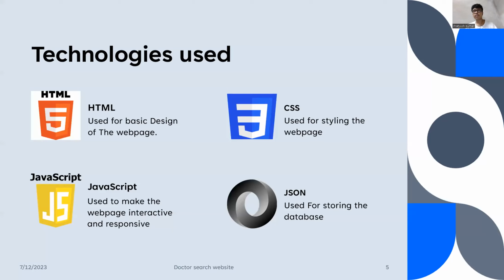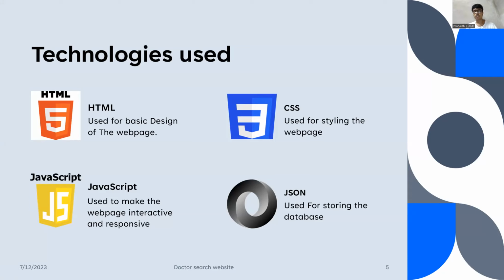Before making you understand about the coding part, let me tell you what technologies I used for different parts. I used HTML and CSS for basic design and styling of the web page, which is a very basic thing. I used JavaScript to make the page responsive, and another thing I used JSON, which is JavaScript Object Notation, for storing the database which I created for the doctor search website to work properly.